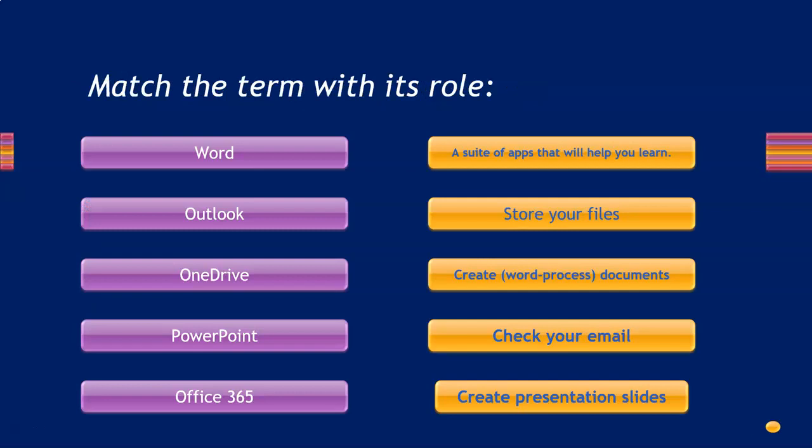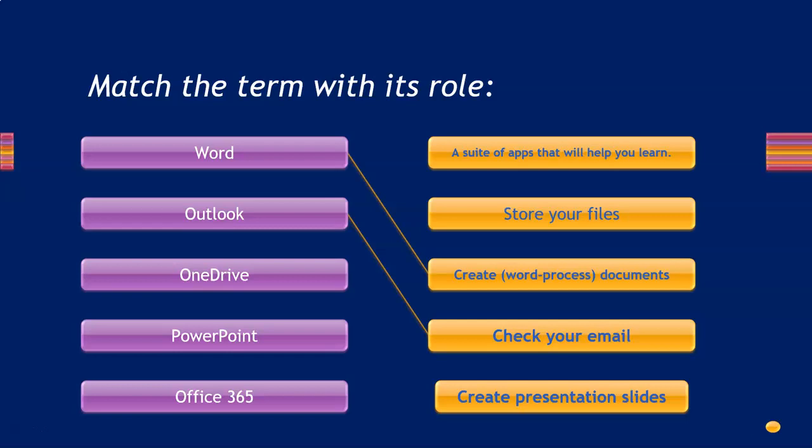So let's try to match the term with its role. So first is Word. And that's the app you use to create or word process documents. Outlook. That's where you check your email.